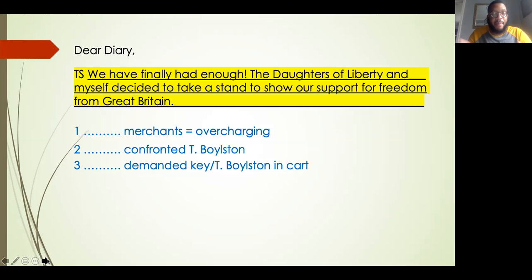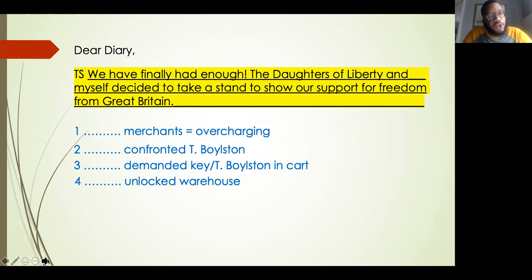All right, that's what happened. They demanded the key and put him in the cart. The last thing that Deborah and the Daughters of Liberty did in Act 4 was that they finally got the key from Mr. Boylston and they unlocked the warehouse. Okay? So these are all of the things that Deborah is going to go into greater detail about in her diary entry. So these are the things that I want to make sure that I expand on when I get to my first draft of my letter.